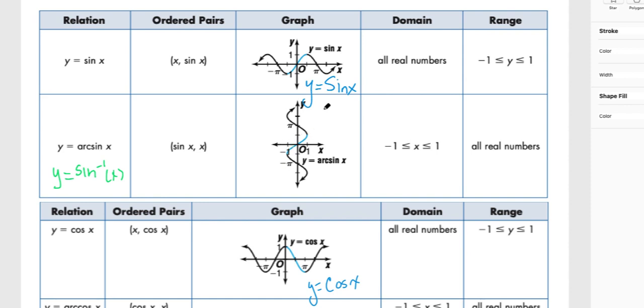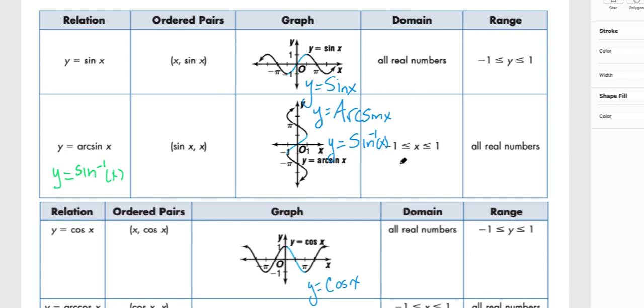The inverse function here would be y equals arcsine of x, look at my capital A, or we can call it y is equal to the sine inverse, notice the capital S, of x. So both of these are reference to this blue section, and y equals the capital sine of x is reference to this blue section.